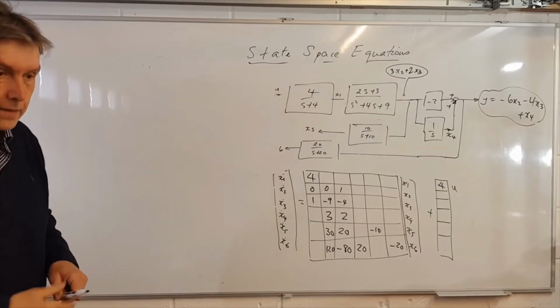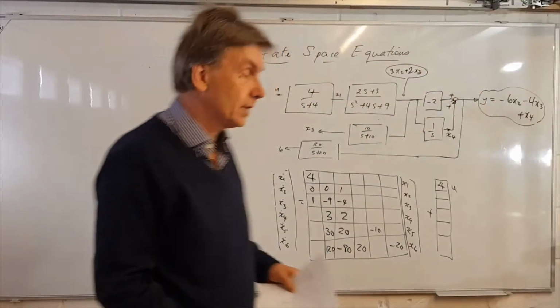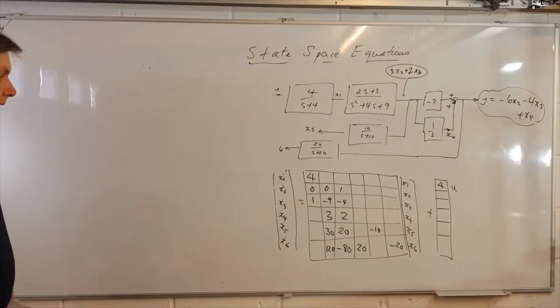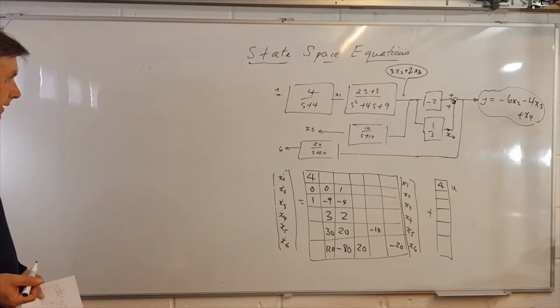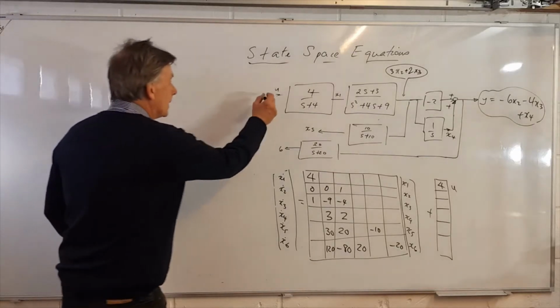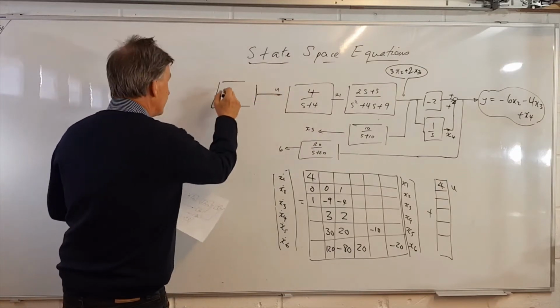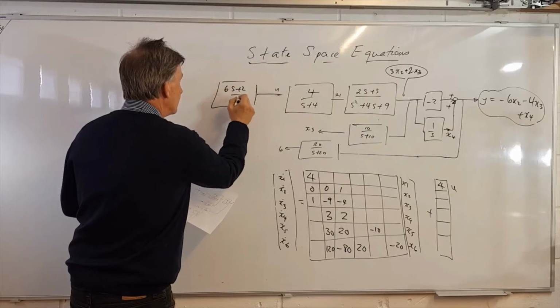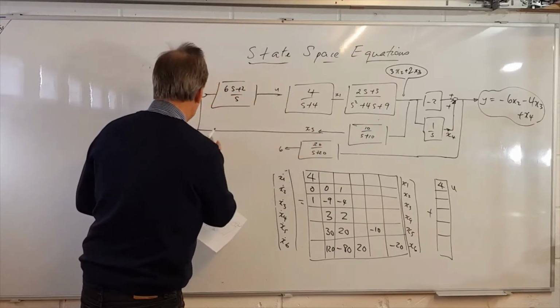What we can do next is to work out some closed loop state space equations, and we're going to do that by adding in now a controller. So I'm going to add in two parts of a controller, a PI controller and a phase lead controller. So in here we're going to have a PI controller, and that's going to be fed back off x5.